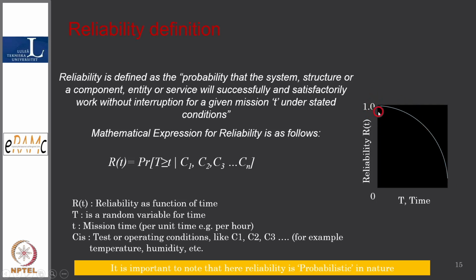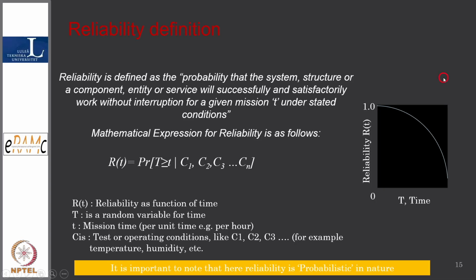But if you don't maintain it, it will reduce further. So it depends. But one thing can be said: reliability reduces the moment the component at time t equal to 0 comes into operation. It is activated. So on the x-axis we have t, and reliability is this function. So the third thing is that reliability is a function of time.